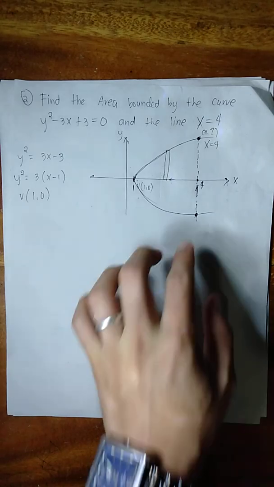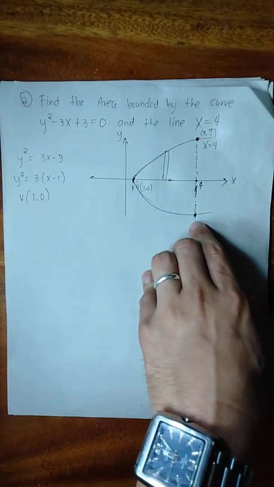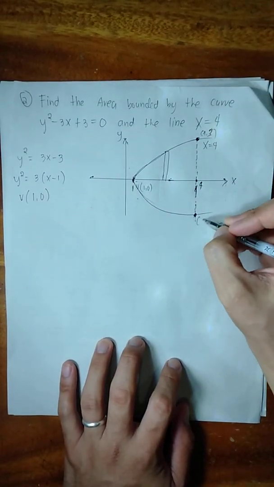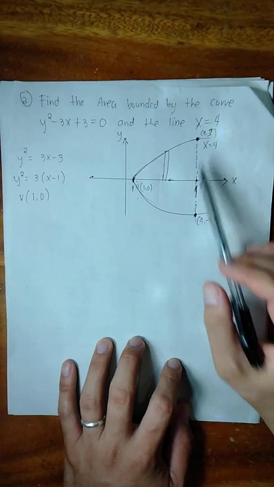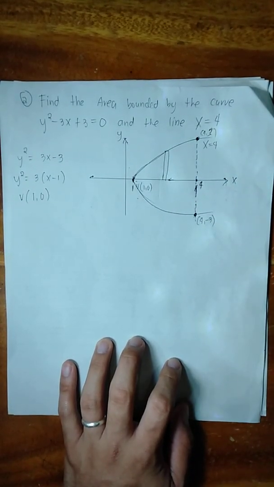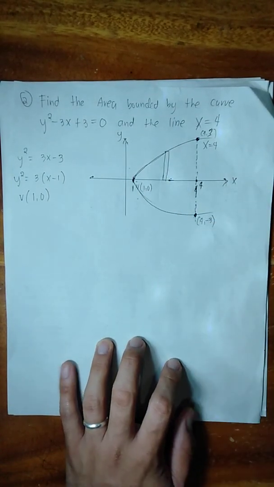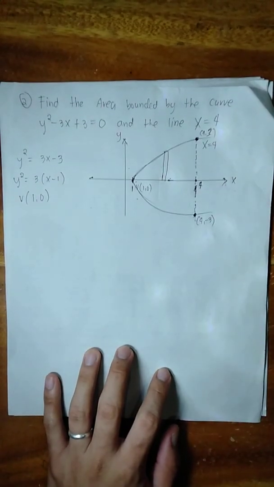This is positive 3 at the top and negative 3 at the bottom. So, this is 4 and negative 3. Clear? So, when you use horizontal strips, it's from negative 3 to 3.